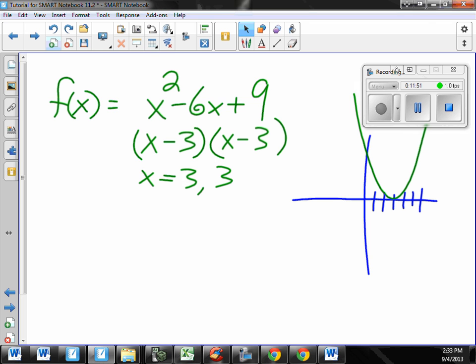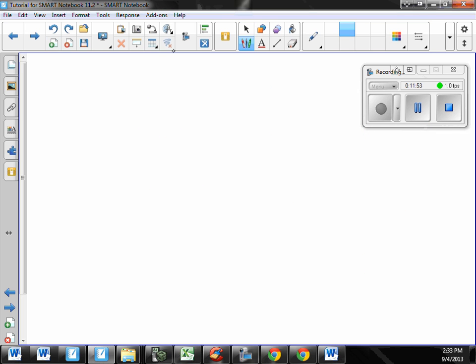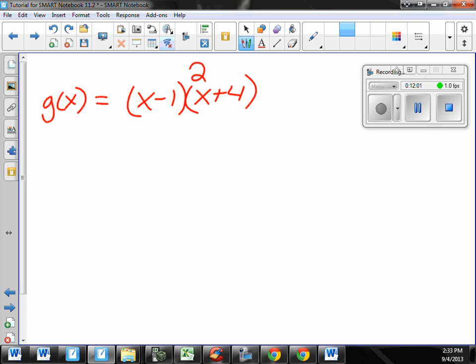So, if I were to make things a little bit more complicated, x minus 1 squared and x plus 4, what are my roots? Well, -4 is one of them, and 1 and 1 again, because it's x minus 1 squared.